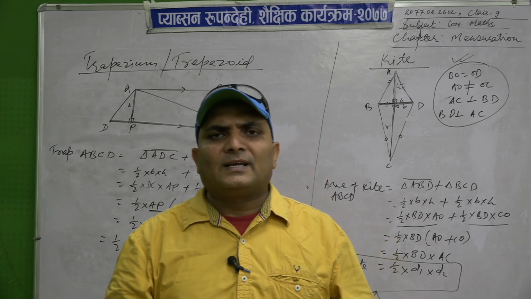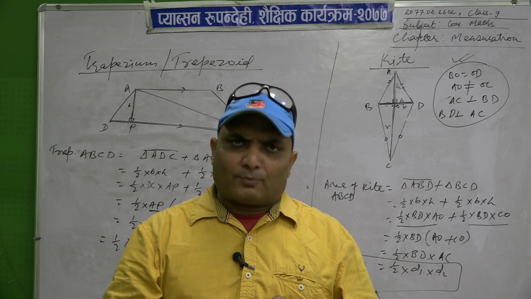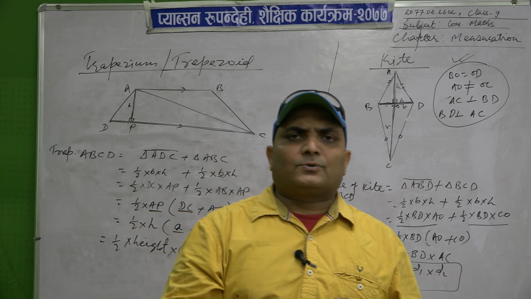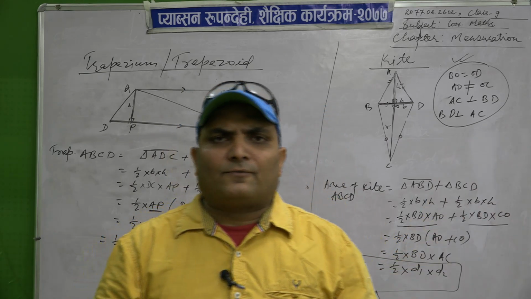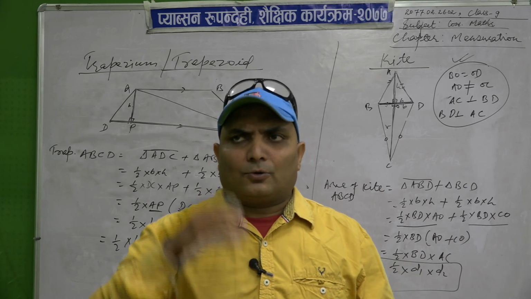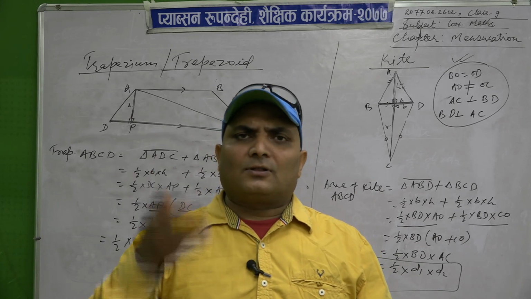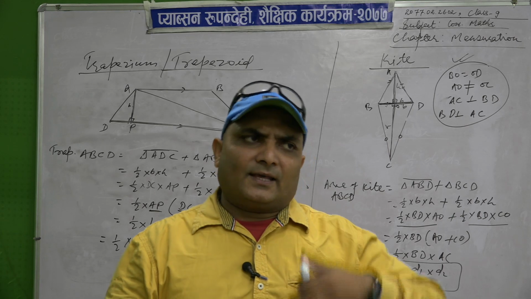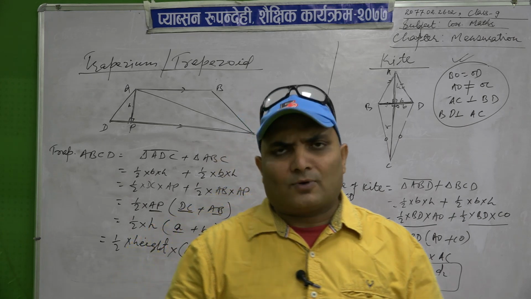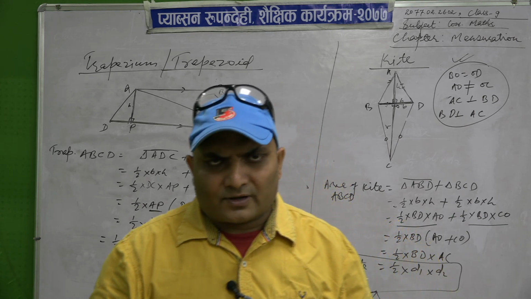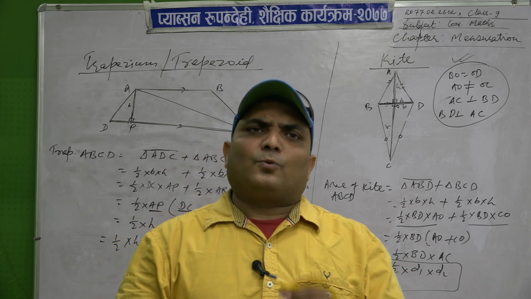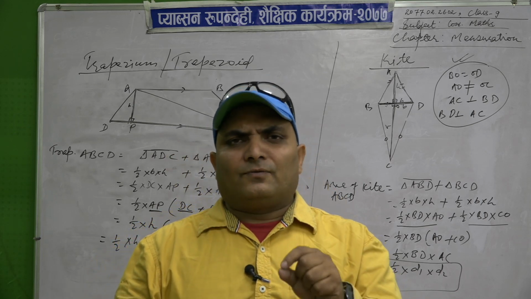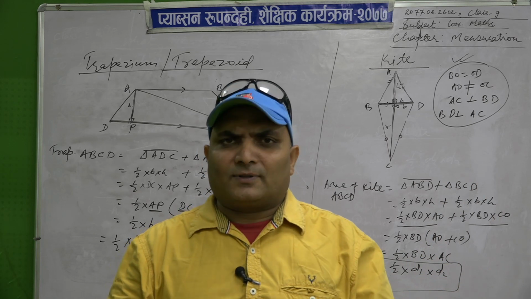From tomorrow we will go on to numerical problems. I request you to remember or revise the formulas for all plane figures today by watching all those videos, and then we start numerical problems from tomorrow. The only homework is to watch the videos and remember the formulas for plane figures.